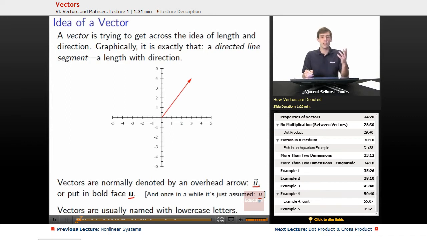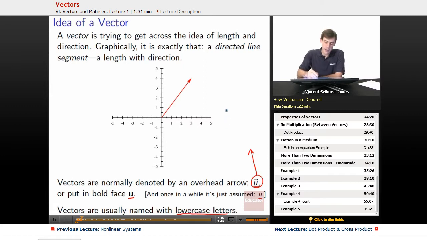Vectors are normally shown with lowercase letters. However, just like variables, you can use any symbol, but for the most part, we'll stick with lowercase letters. U and V are very common letters for talking about them. One last thing, we use this U with the arrow on top, and that's how we'll be denoting it in this course, although you might see boldface in textbooks.